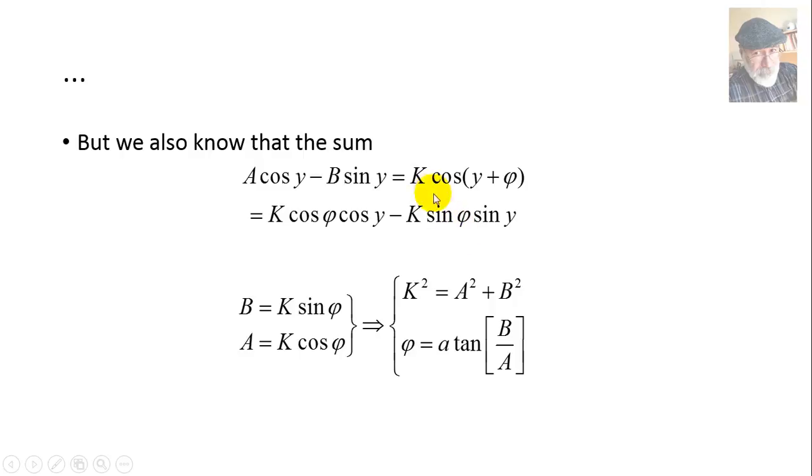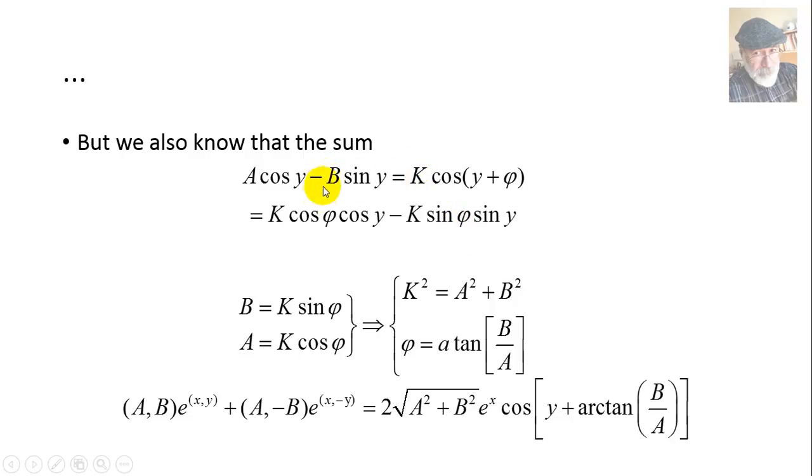So we go back to this expression and say, in reality, the original expression, this one, was 2 times this exponential that multiplies this k times cosine of y plus the arctangent of b over a. You say, holy cow, how am I going to remember all of that formula? It's easy.